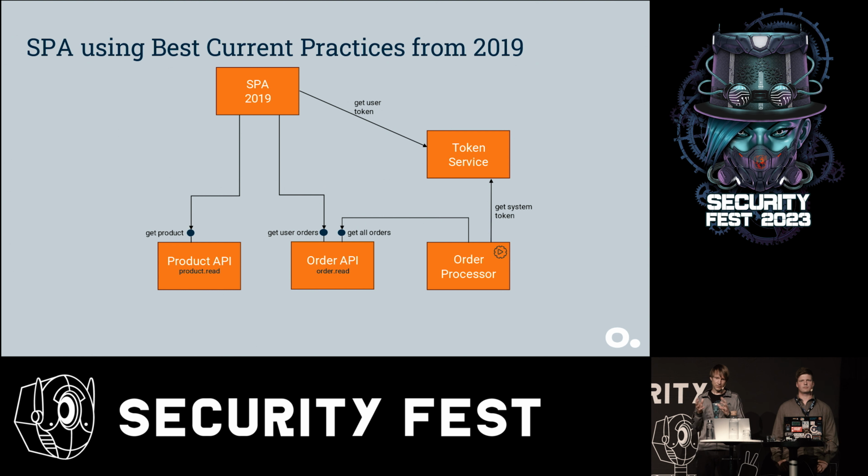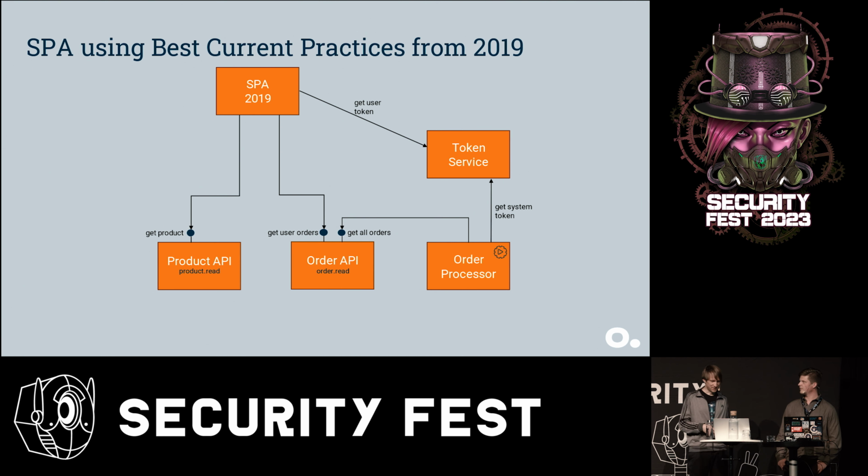And the refresh token flow should not be used in public clients. So the security recommendation of 2019 is to use something called silent renew, and we will look into that a little bit more later. So that was the context. And the attack here is that the attacker wants to get all orders, and for that the attacker needs a valid token and to be able to call the get all orders endpoint.